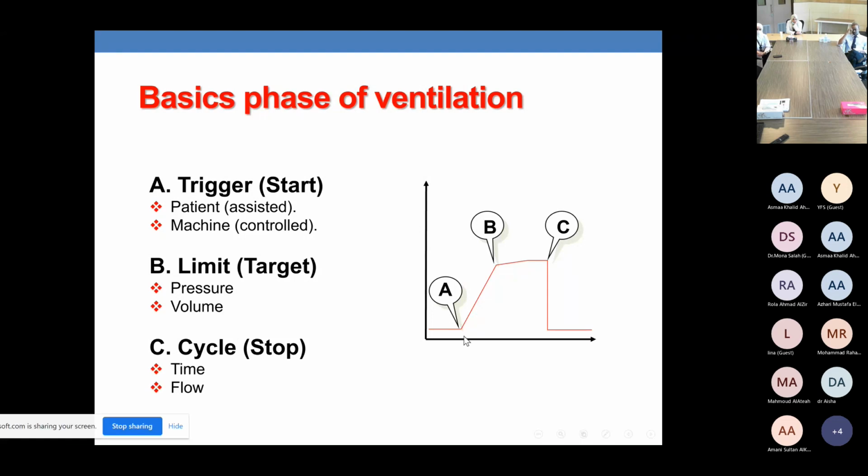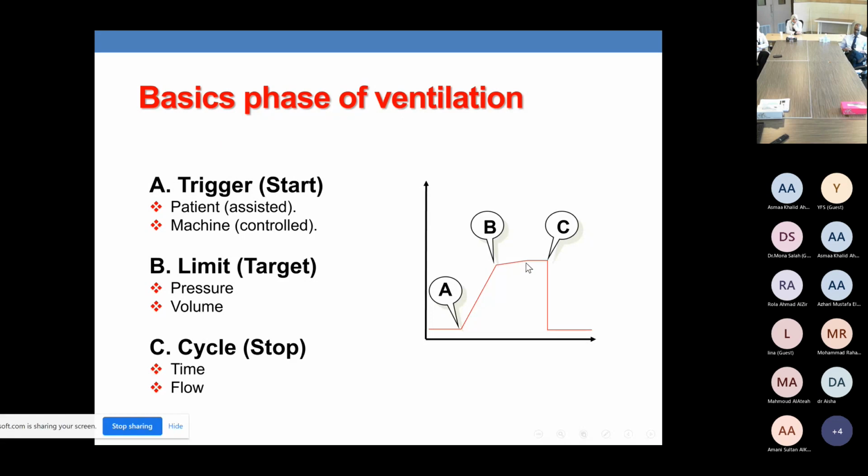So the start of the cycle is by the trigger, then you need to reach your target. As we said, in the NICU we use pressure modes, so we are pressure targeted. In pediatric and adult patients, we can use volume. So the ventilator will increase the pressure till you reach a target, which is this point.